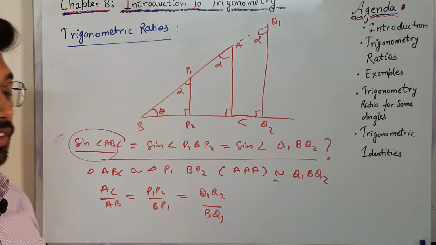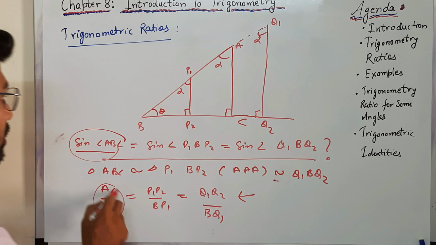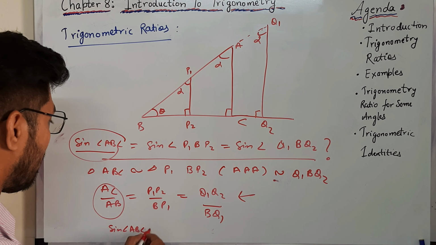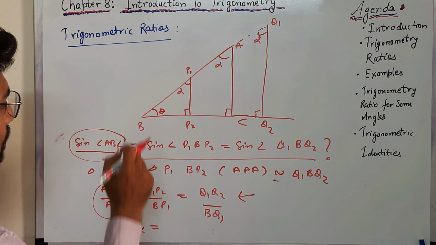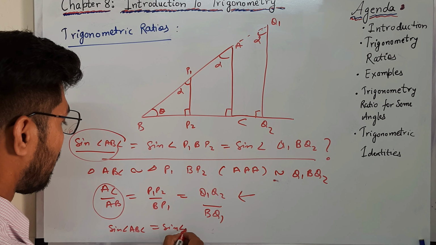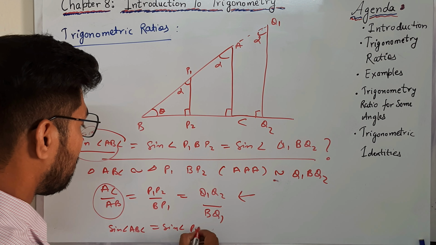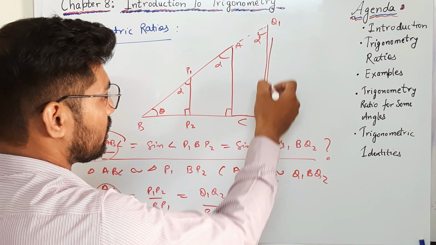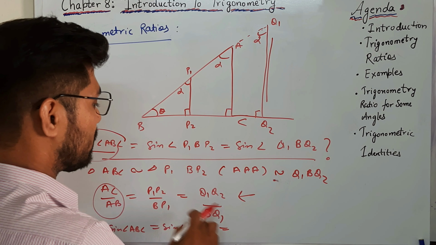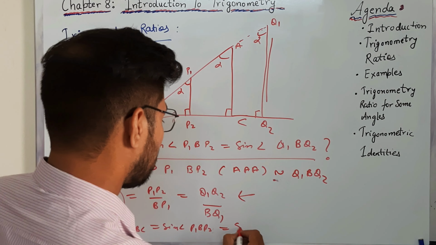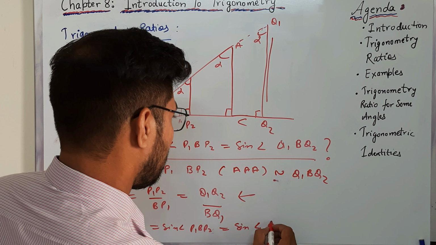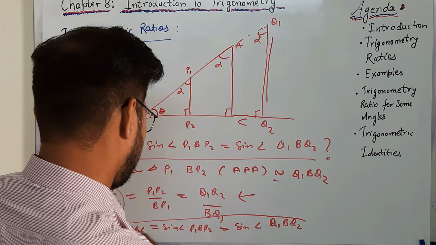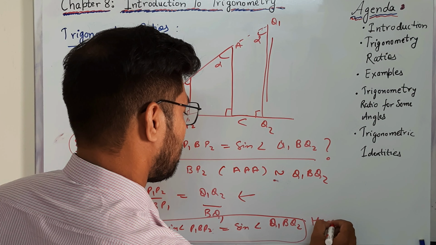This is the property of similarity. And what is this AC upon AB? AC upon AB is sine of angle ABC, and P1 P2 upon P1 B is the sine of angle P1 B P2. And what is Q1 Q2 upon BQ1? Q1 Q2 is the perpendicular and BQ1 is the hypotenuse, so this is sine of angle Q1 B Q2. This we proved, hence proved.